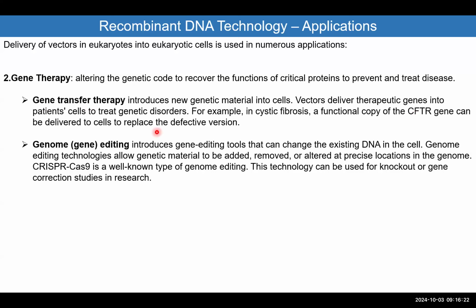Like, for example, in cystic fibrosis, if the copy of the gene CFTR becomes mutated or dysfunctional, it causes cystic fibrosis. So nowadays, we could overexpress a form of the CFTR gene that could correct the function, and that will replace the defective version of that gene.